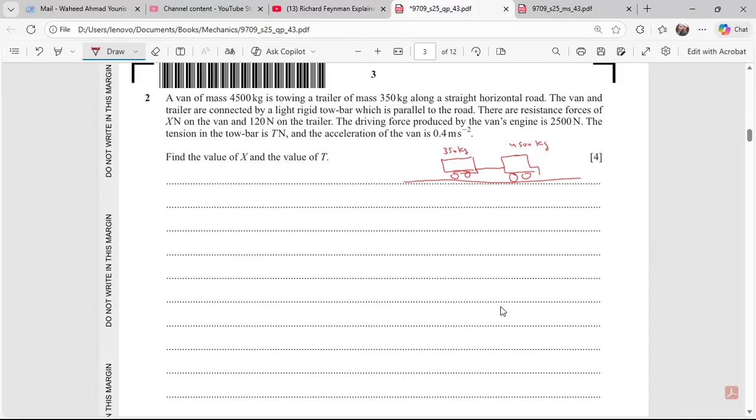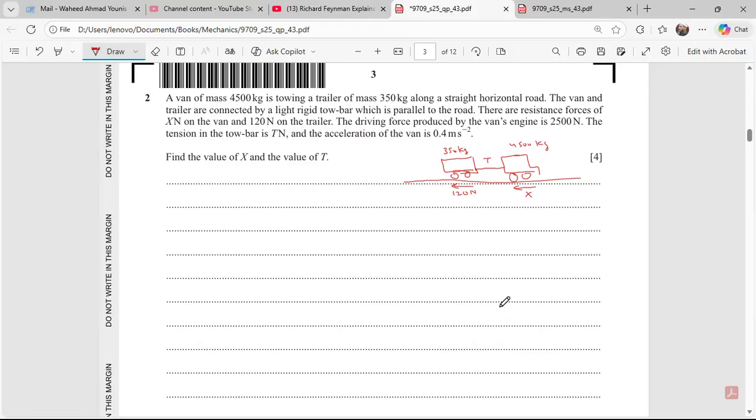There is a tension T Newton in this rod. There is a friction force, and that is 120 Newton for the case of the trailer, and X Newton for the van.